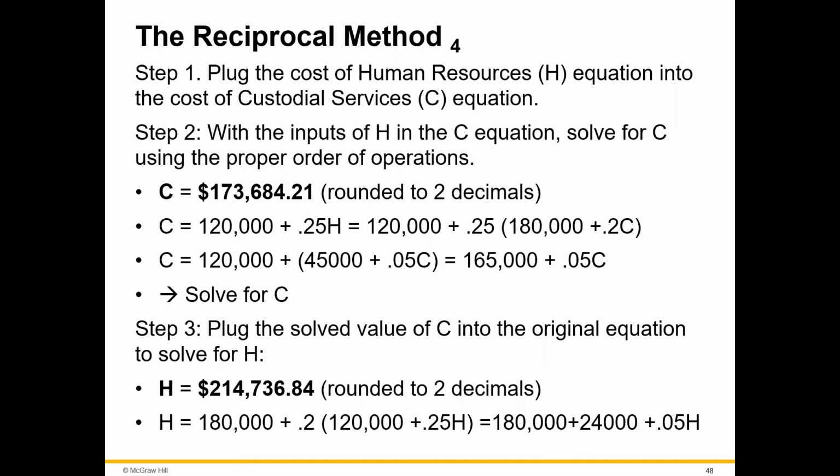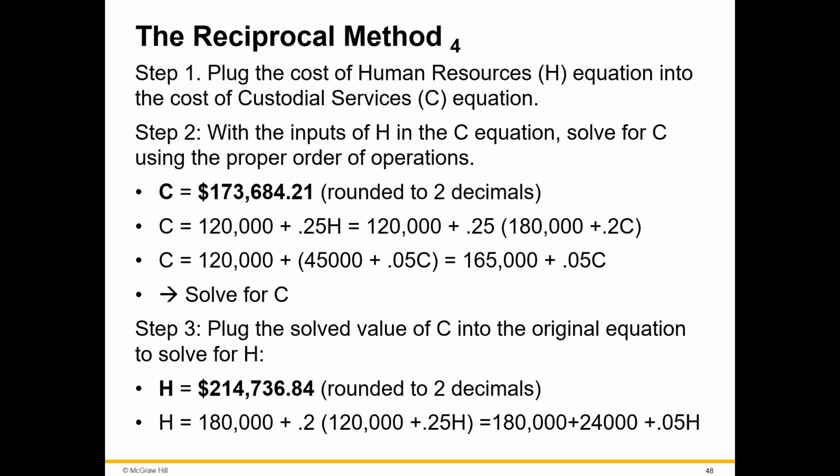In real life, you're probably going to have 3 or 4, and the math just becomes completely impossible to do by hand. I mean, it's not impossible, but it would be insanely time consuming, and you need to use matrix math to make it all work out. So in theory, this is the most accurate method to use, but it's also the most cumbersome. So you'd really just need to be using software if you were going to use the reciprocal method.